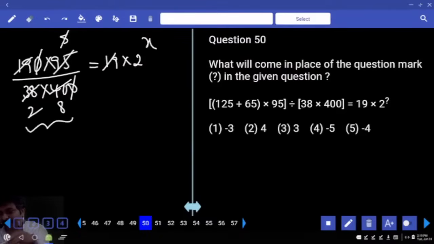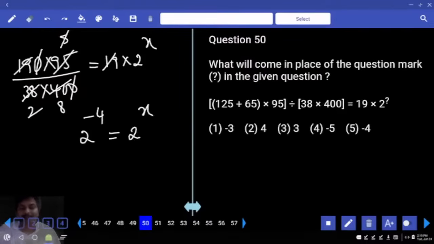What is the denominator? 2 power 4. That can be written as 2 power minus 4 is equal to 2 power x. x is equal to minus 4. That is in the denominator. 1 by 2 power 4, we are able to write it as 2 power minus 4.